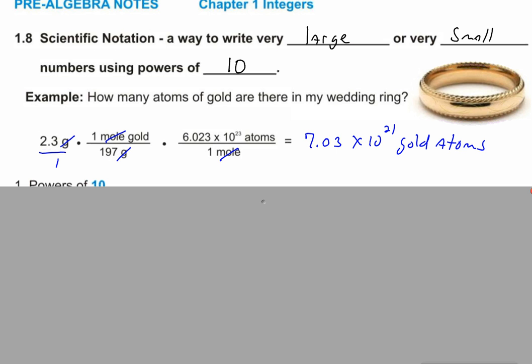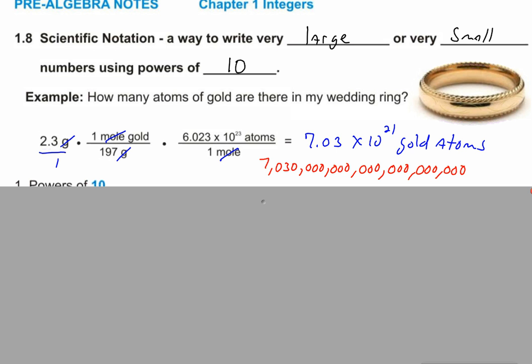Don't write this next thing. You can write that up there. Let me show you what that number is. That's 3, 4, 5, 6, 7, 8, 9, 10, 11, 12, 13, 14, 15, 16, 17, 18, 19, 20, 21. So right here is a million, this is a billion, this is a trillion.